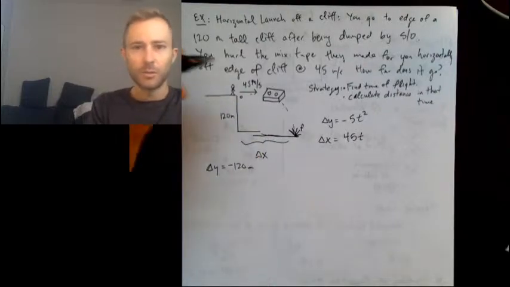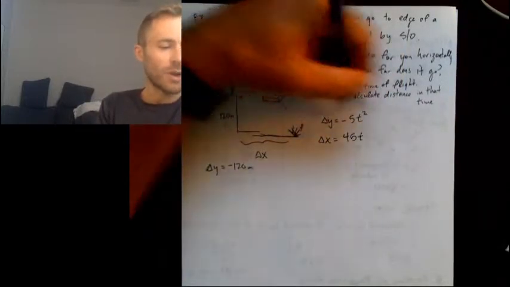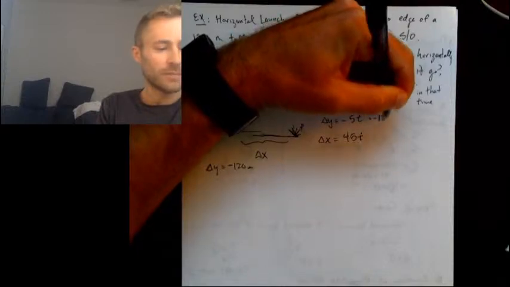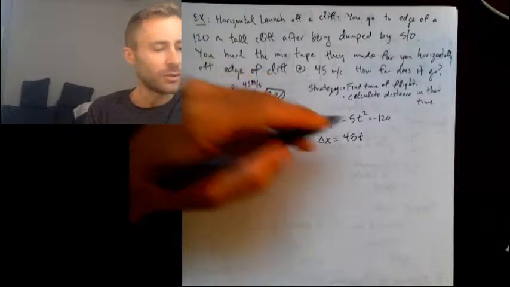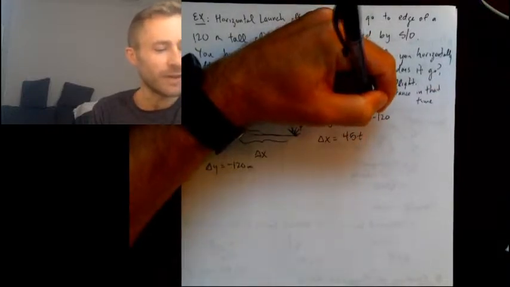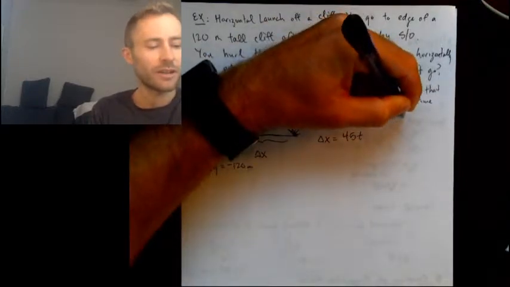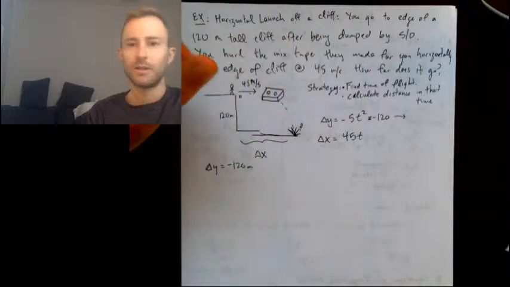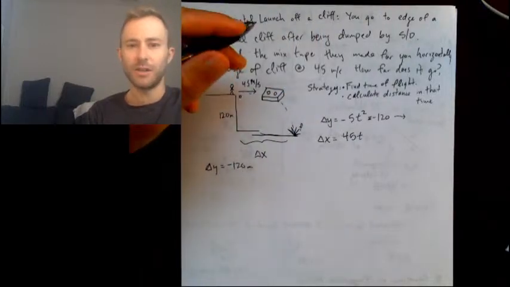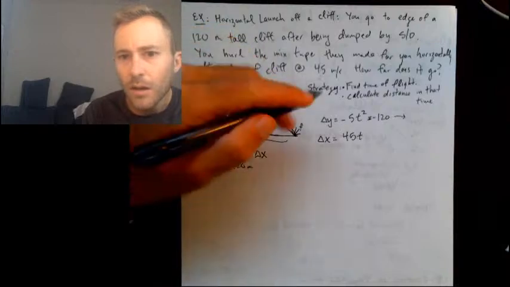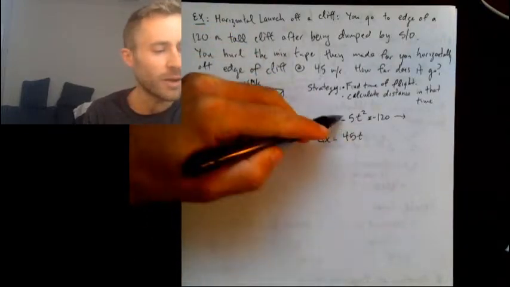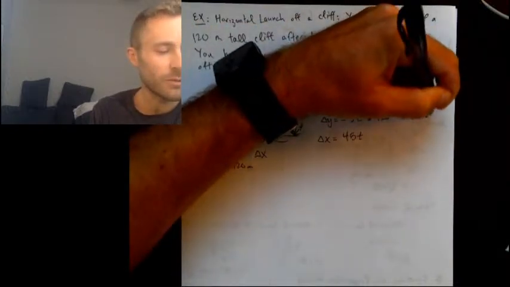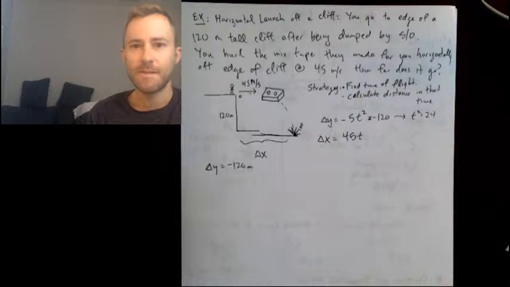Okay? So we can plug that in. Delta y is -120. So -120 equals -5t squared. So I can take that and solve for time. 120 divided by 5 is 24, so I get t squared equals 24.